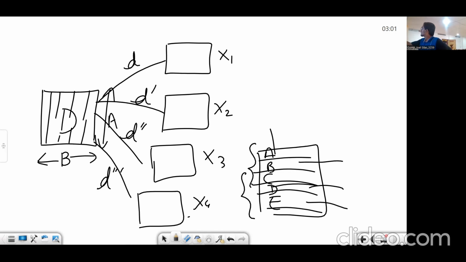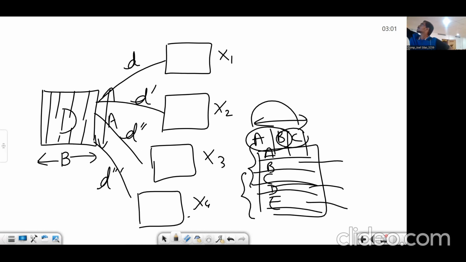Similarly, we will take randomly some set of columns. So randomly we'll take a set of rows and some set of columns. Suppose we take AB, then BC, then AC, and so on. That means row sampling with replacement of rows, feature sampling with replacement of features.